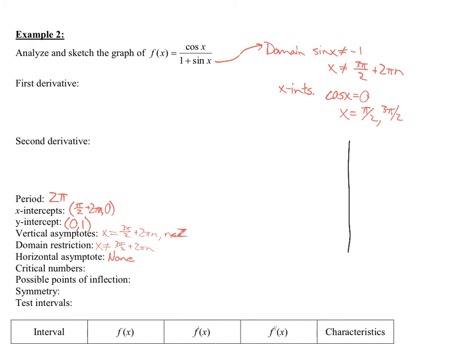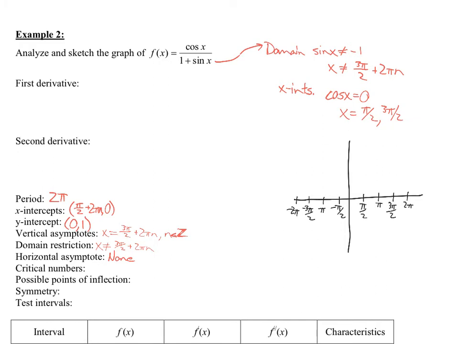So we have x-intercepts at pi over 2. There's pi over 2, here's pi, here's 3 pi over 2, and here's 2 pi. And we'll also go to the left: negative pi over 2, negative pi, negative 3 pi over 2, and negative 2 pi.